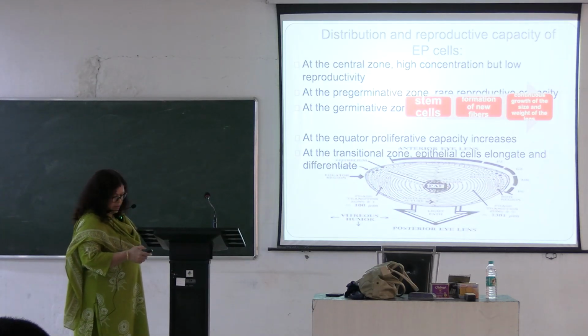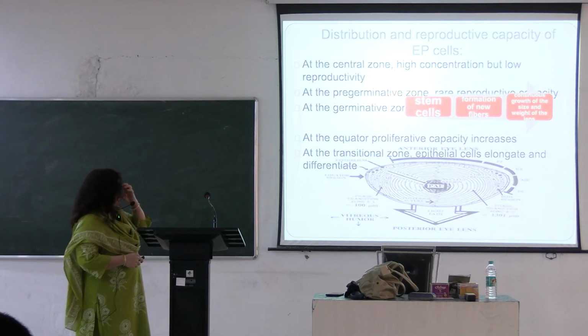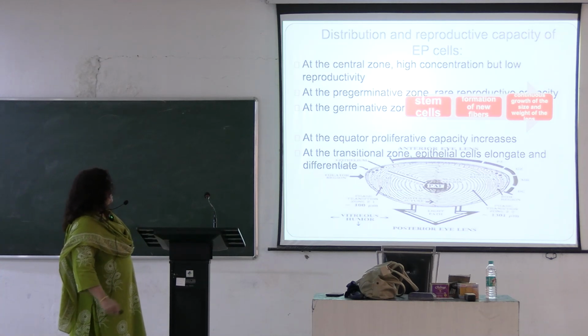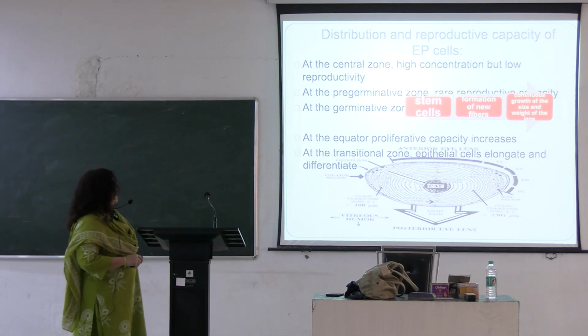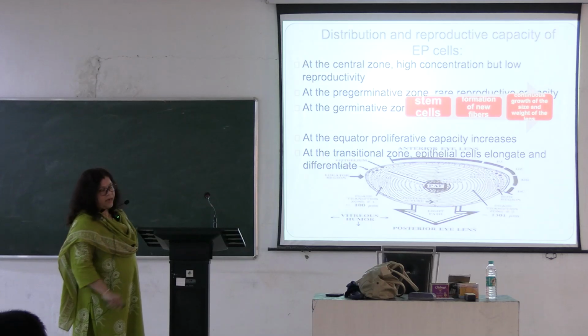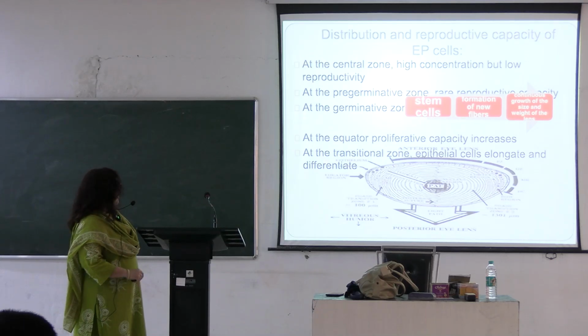So, the distribution of reproductive capacity of the epithelial cells is divided into 3 zones. In the central zone, the concentration is more, but it has low reproductivity. At the progressive stage, the zone is rarely reproductive. At the germinative zone, it is productive.